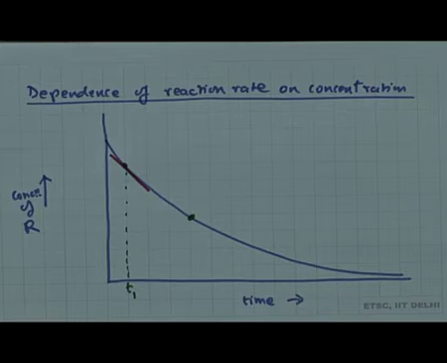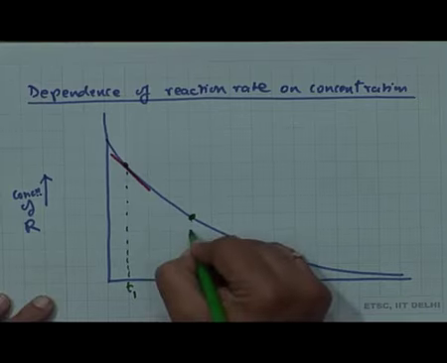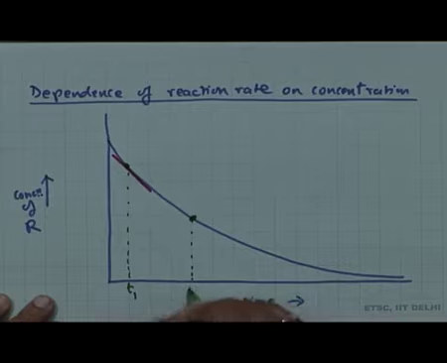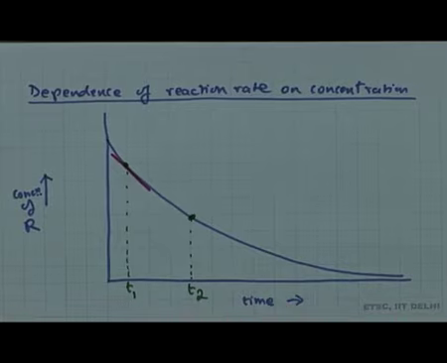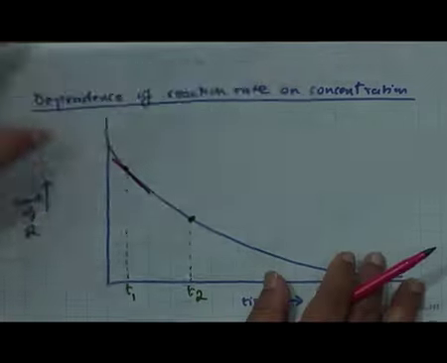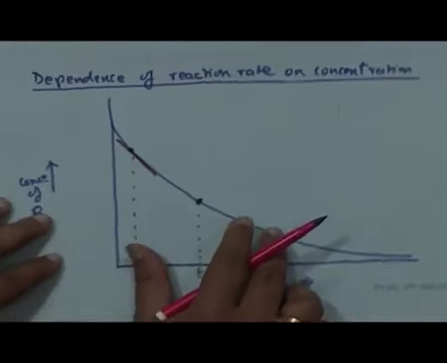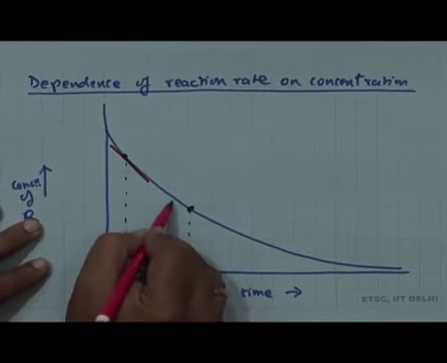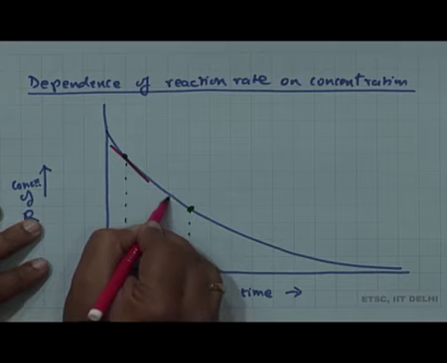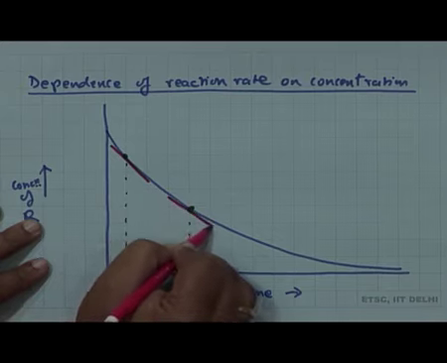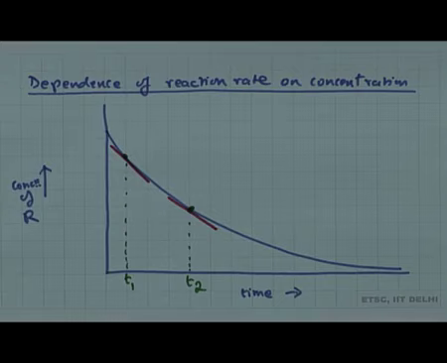Again, I need to find out the instantaneous rate at this time point, say, which is T2. I do that how? As before, I will again draw a tangent.